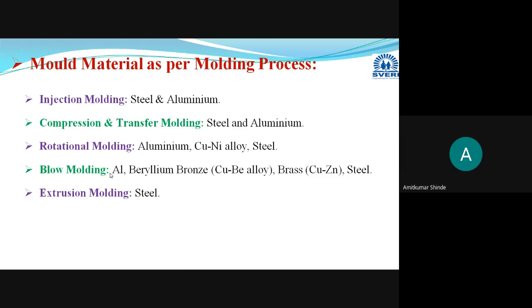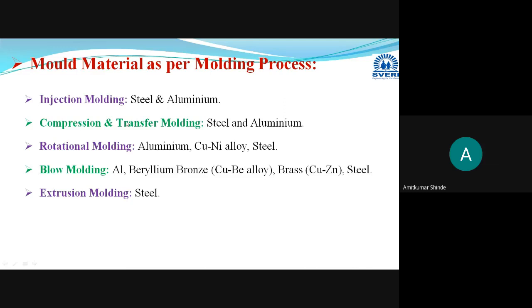For rotational molding, aluminum, steel, and copper nickel alloys are used. Steel is common for all molding processes, and for some specific molding processes, other materials can also be used.